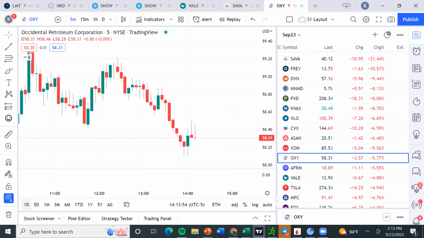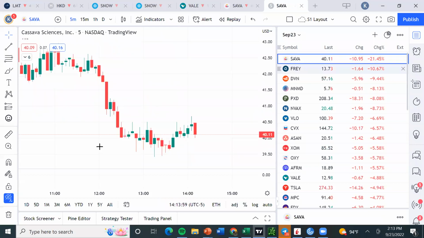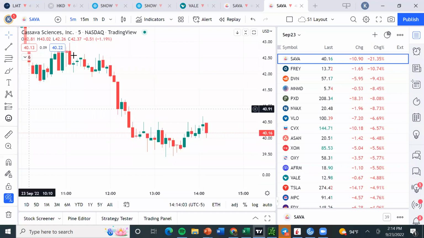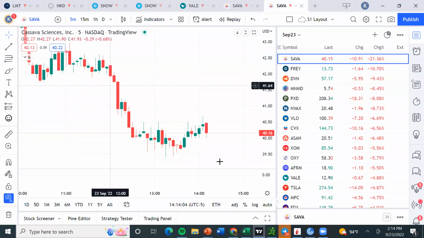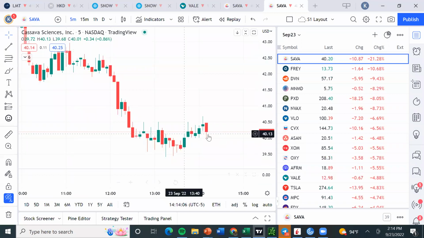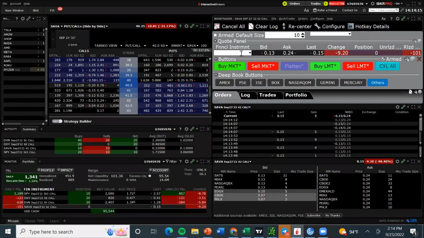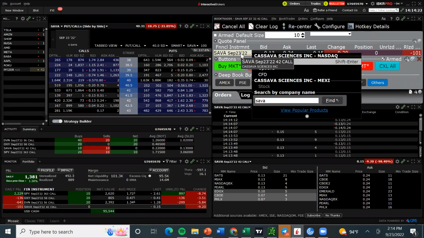One more thing we can do is, 42 is a strong resistance for Sava. The stock came to around 42 multiple times and came down. So if we want, we can also sell some 43 call or something, because the possibility for Sava to move to 43 is very less, because 42 acted as a strong resistance today.